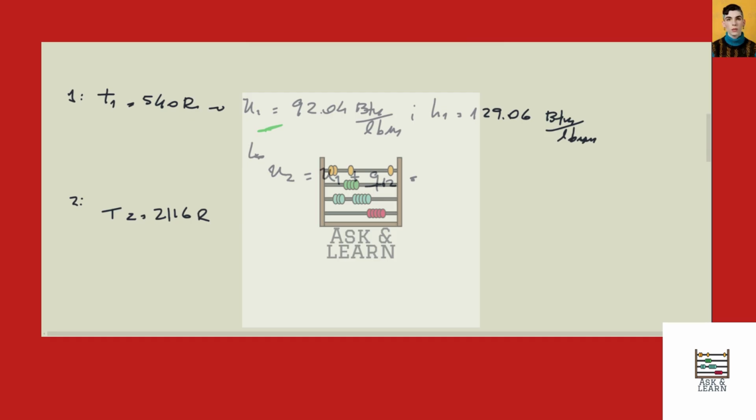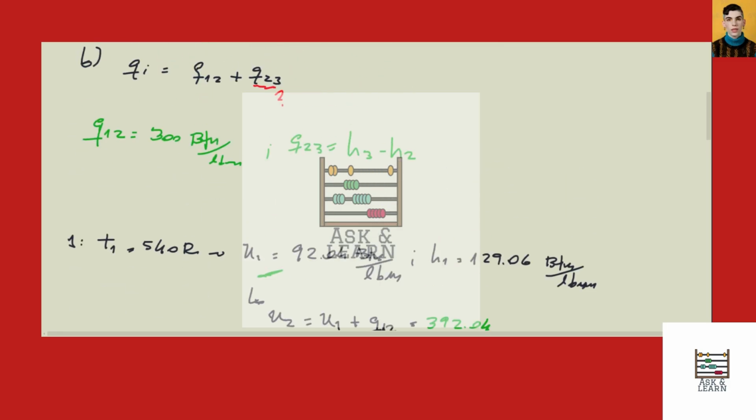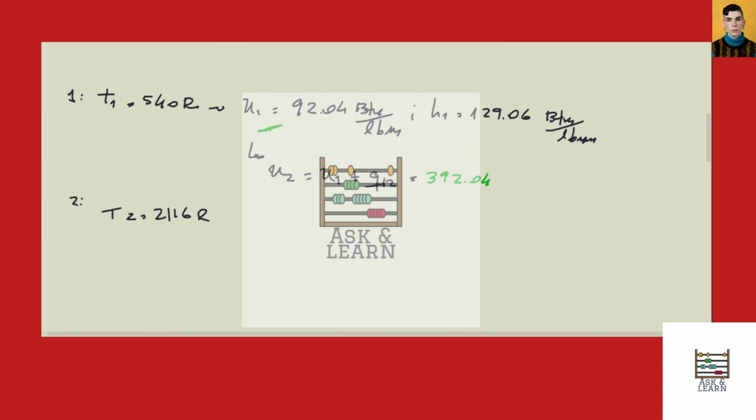And that gives us precisely 392.04, again because we know that Q12 is 300. So we just need to sum both the numerical values. Okay, and since we have the internal energy of point 2, from here we take, looking again in the table, that the enthalpy of point 2 is 537.1 BTU/lbm.